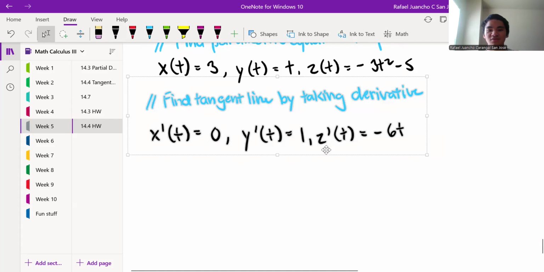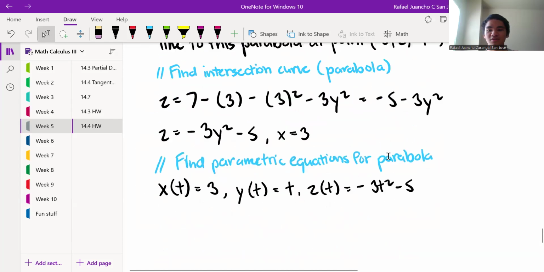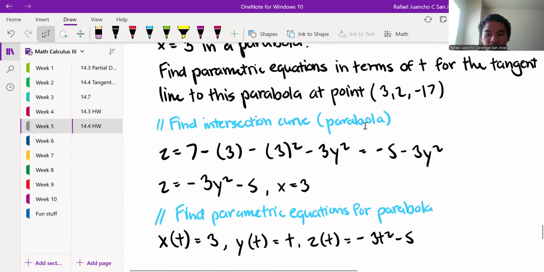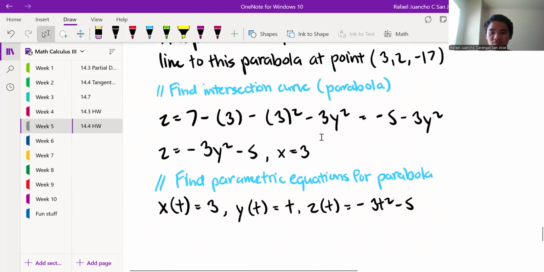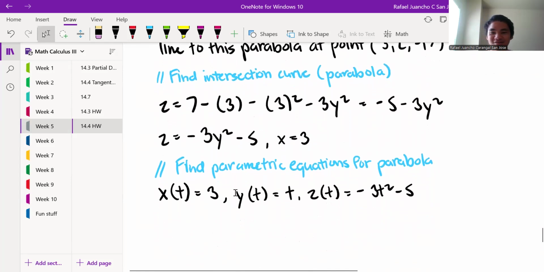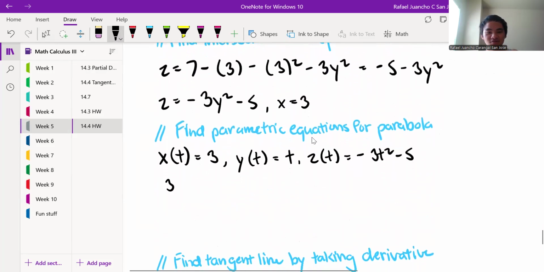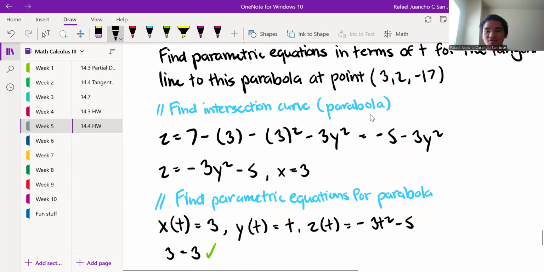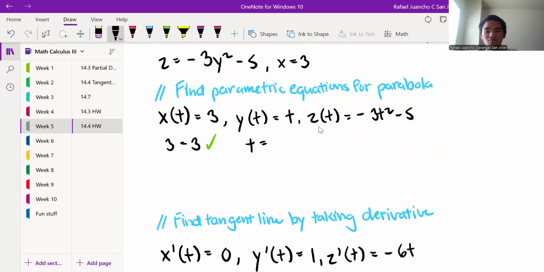Well, I just got 3 here, so it doesn't really matter. y of t is t, so when t is 2, that's the one we need.